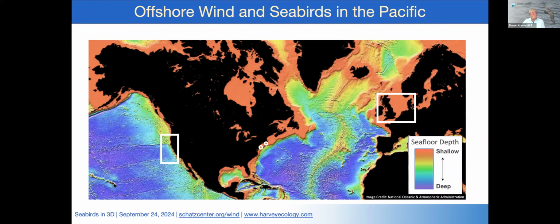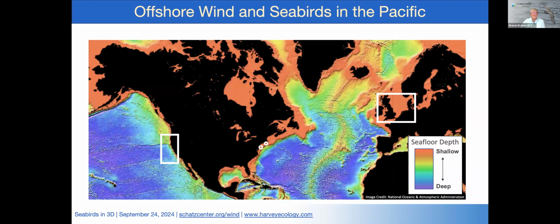But first, this graphic really is just to show you where the majority of offshore wind turbines are located in Europe in the box to the right. Now some in the Atlantic US East Coast, and then the box on the left, which is where California and Southern Oregon offshore wind leases are going to be.